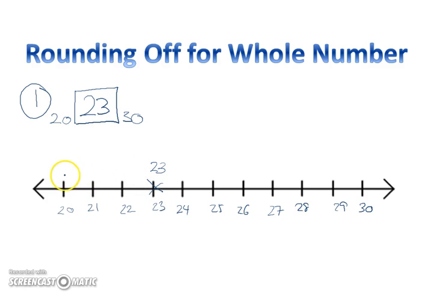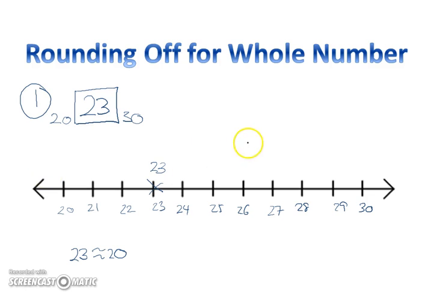Is it nearer to 20 or is it nearer to 30? Correct. Most of you can see that 23, when rounding off, should be 20 because it is nearer to 20.